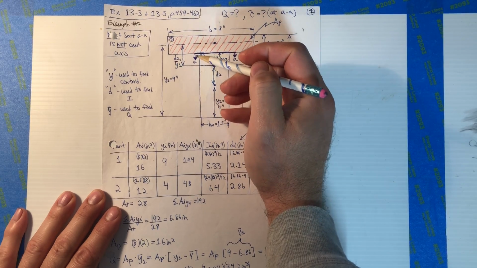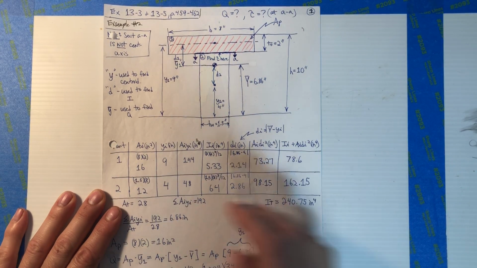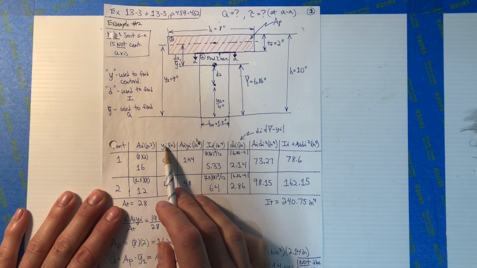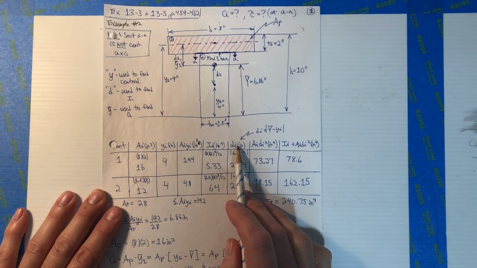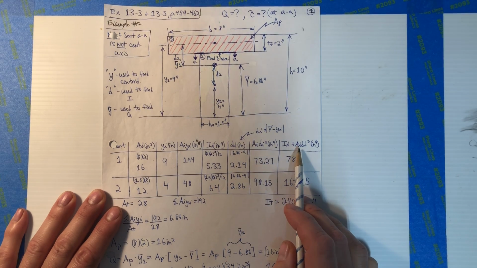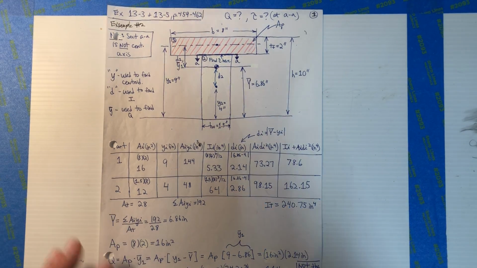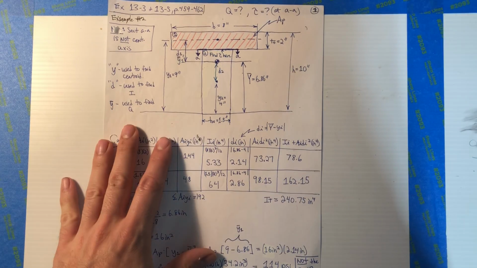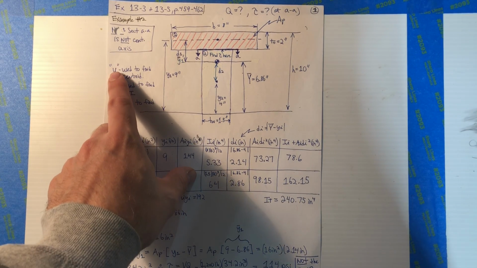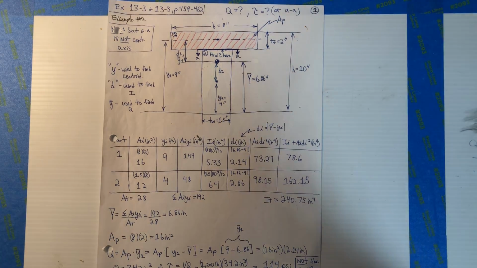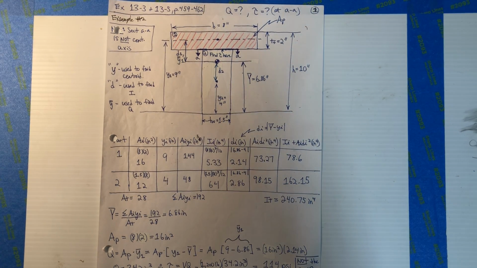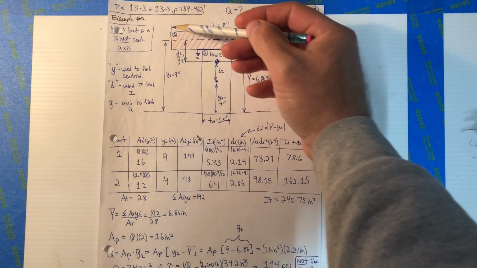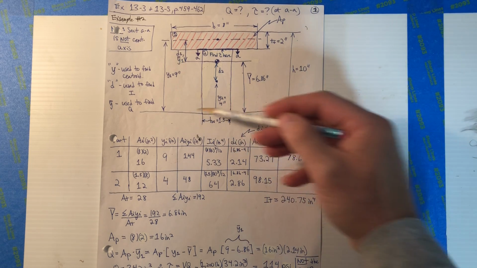Shape 1, shape 2, and I'm going to make my table: part, area, Yi, AiYi, Ii, di, Ai di squared, Ii plus Ai di squared, right? The Y's, the little Y's, if you remember, are the dimensions between the centroids of the components to the reference axis, the reference axis being here and there.